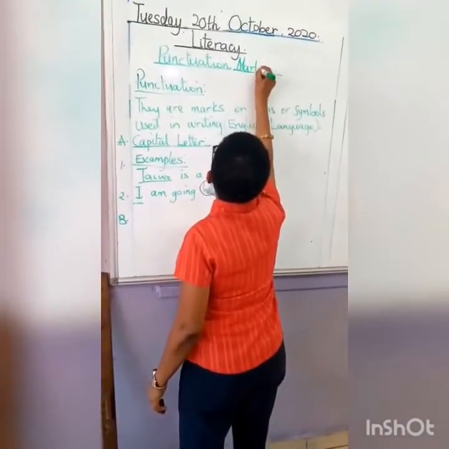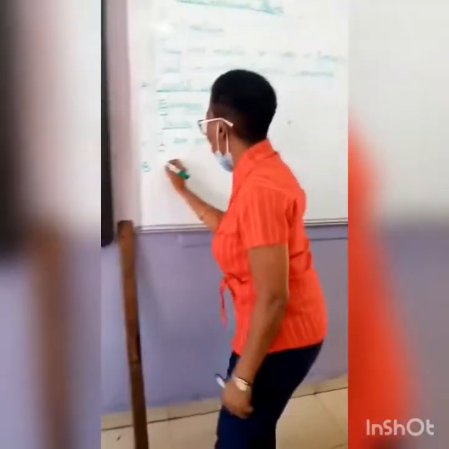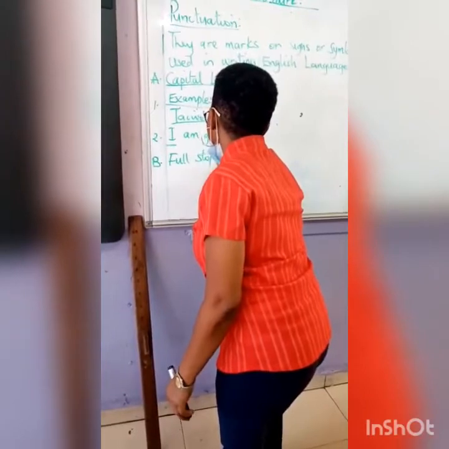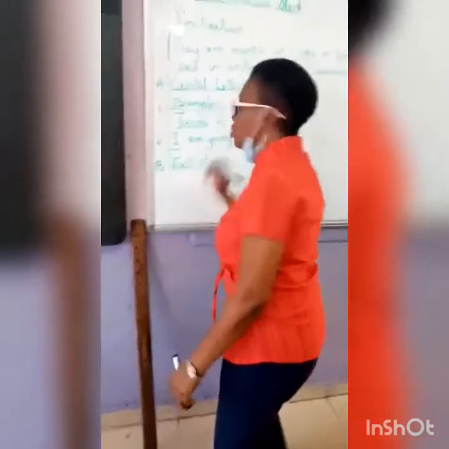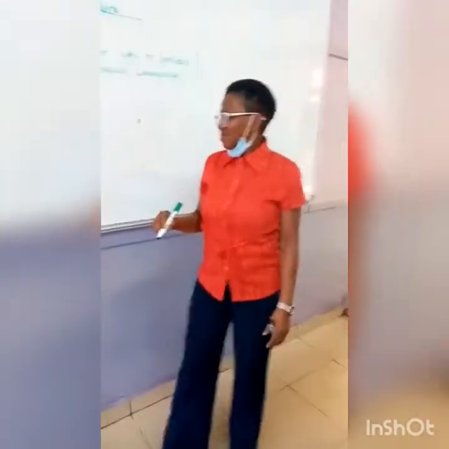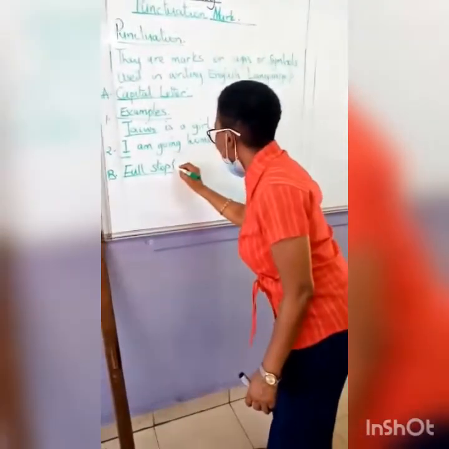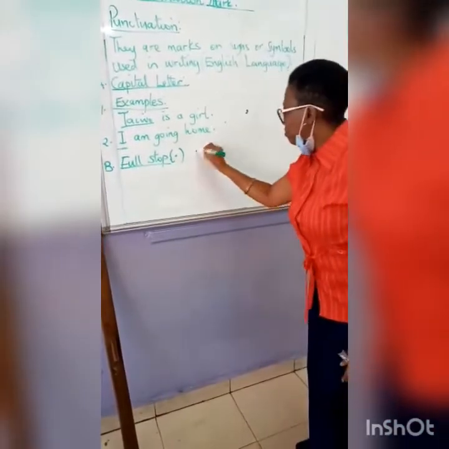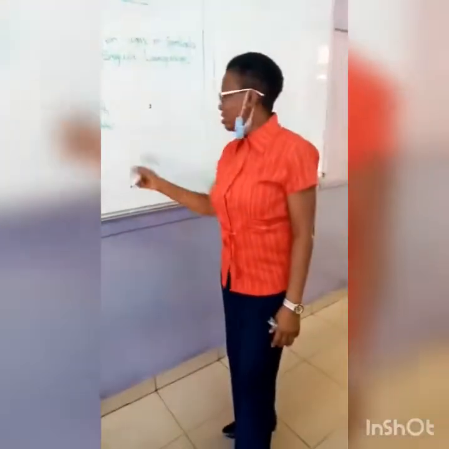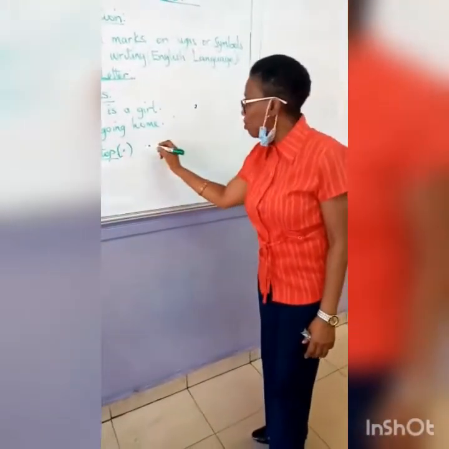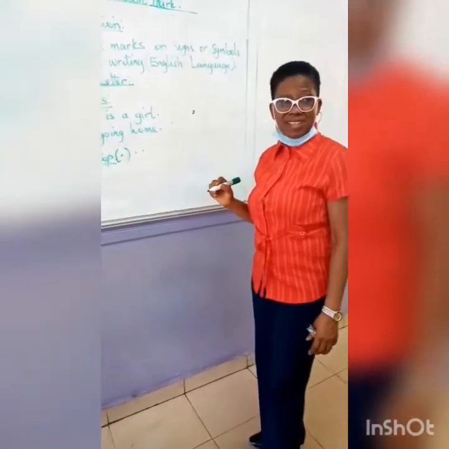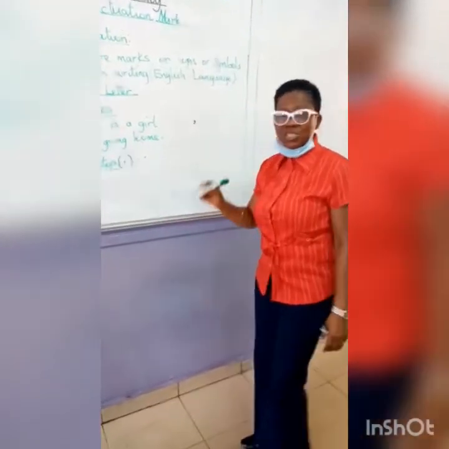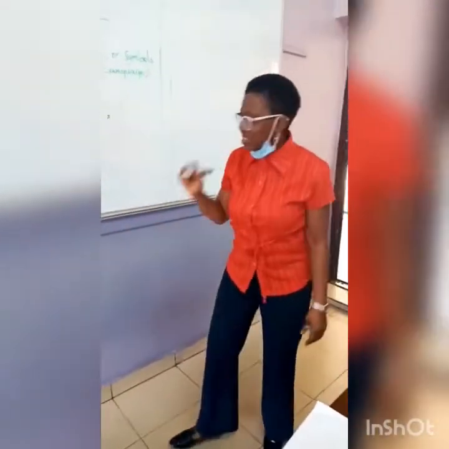This is the symbol. It is also called a period. At the end of the sentence, you must always put a full stop. So full stop is used at the end of every sentence.